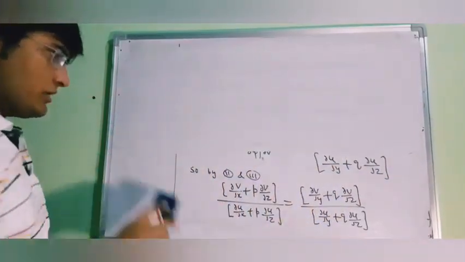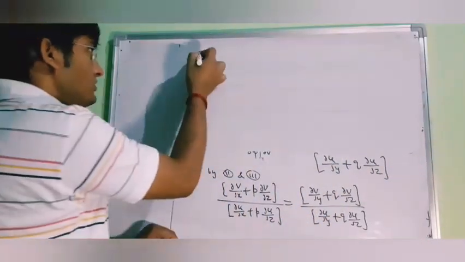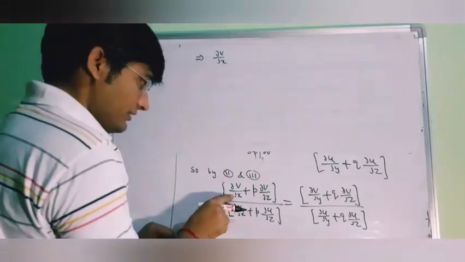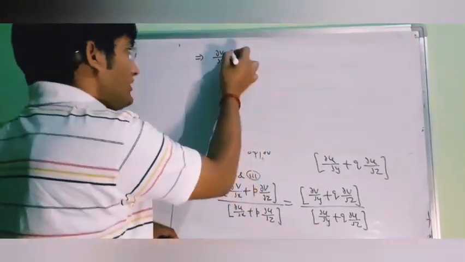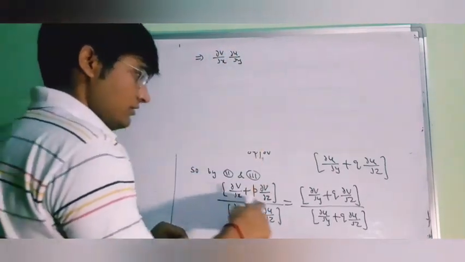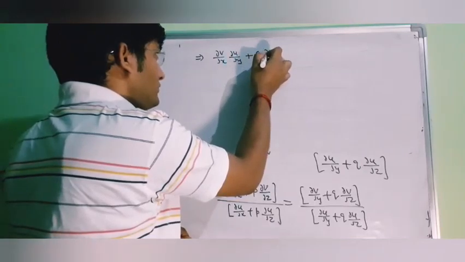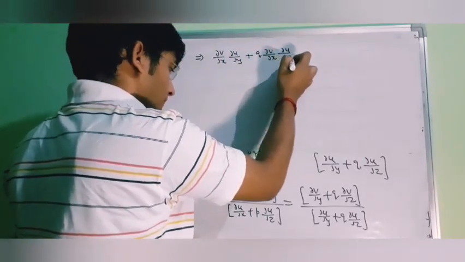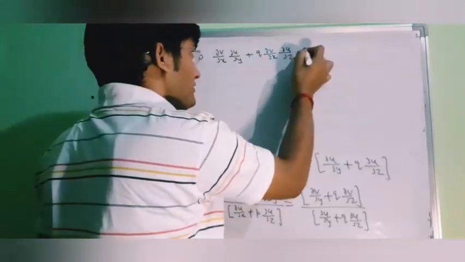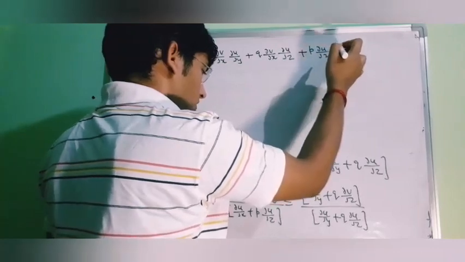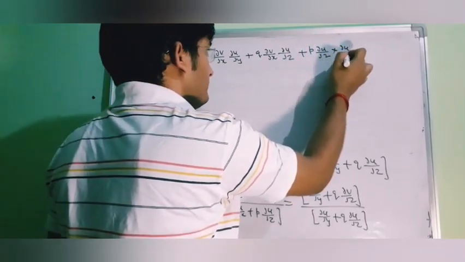Now let us cross multiply these two equations. Let us multiply this term by this term. So we will get ∂/∂x into ∂/∂y. Then we will get q times ∂/∂x into ∂/∂z. Then we will get p times ∂/∂z into ∂/∂y.